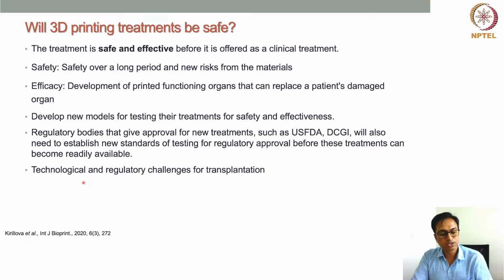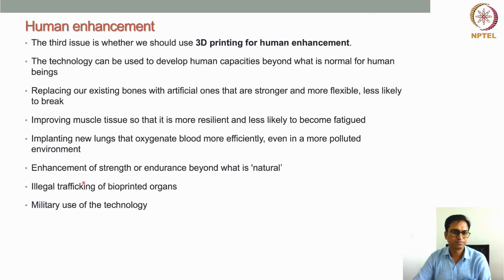But there are also regulatory challenges, because the regulatory body also has to come up with new standards and testing procedures so that they can evaluate the safety and efficacy, so that the bioprinted products can be used for transplantation. So these are the points related to safety and efficacy of bioprinted organ products.